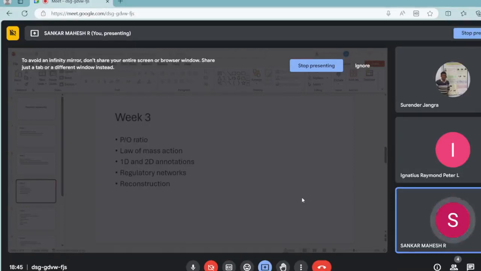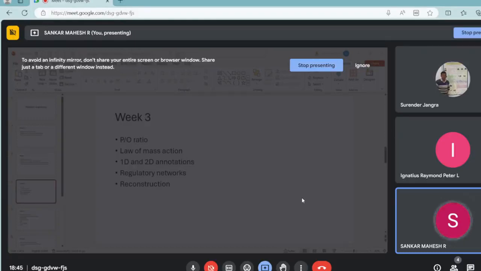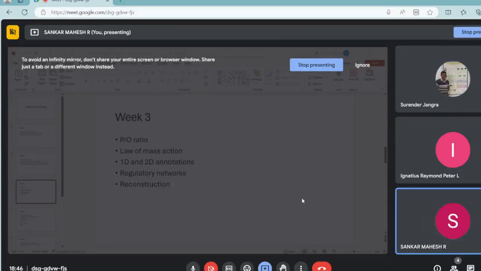So let's consider a reaction S1 plus S2, which is a reversible reaction giving rise to 2 moles of product P. Now, d by dt of S1 and d by dt of S2, if we consider that this is negative V, which is the rate at which the mass is flowing, there is a negative sign here because both S1 and S2 are getting consumed and they're decreasing over time.